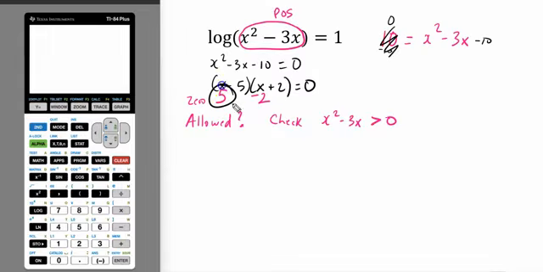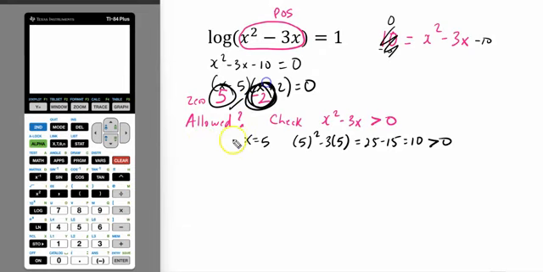So let's see what happens if x is equal to 5. Then if I replace x with 5, I'm going to get 25 minus 15, which is 10, which is positive. So 5 is allowed. So one of my solutions is 5. Now what about negative 2?